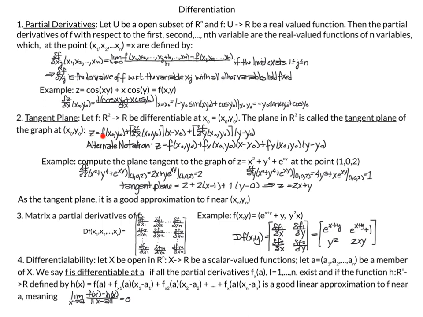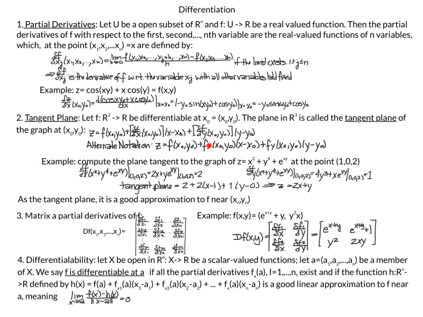So that's equal to the function evaluated at the point, plus the partial derivative with respect to the first variable evaluated at the point times x minus x naught, plus your partial derivative with respect to the second variable evaluated at the point times y minus y naught.